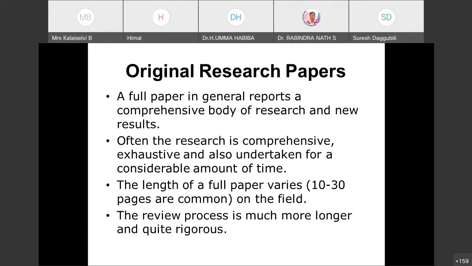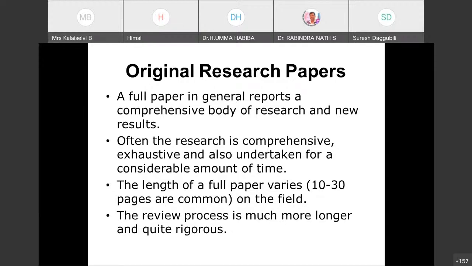There could be other fields where it can go up to even 20 pages and so on. Also, different journals have different typesetting, different font sizes and so on, so depending on those, the page length can vary.